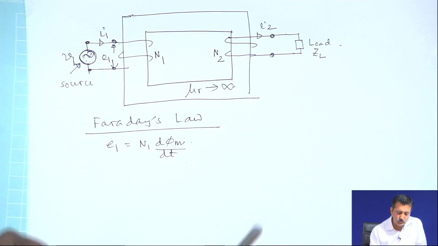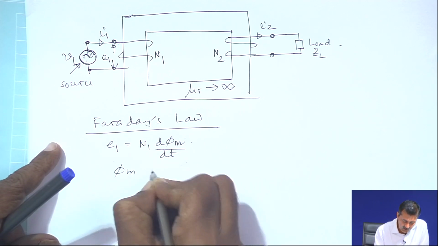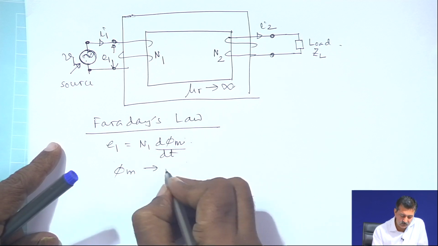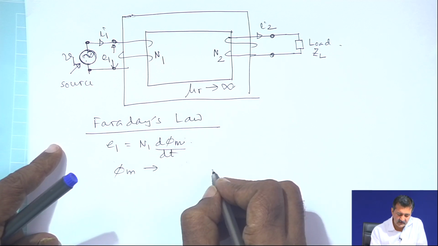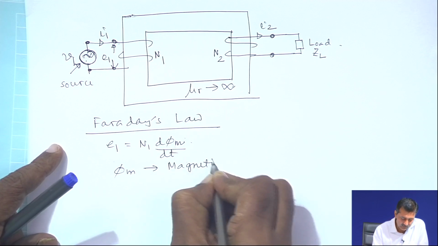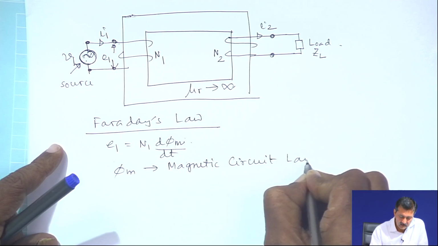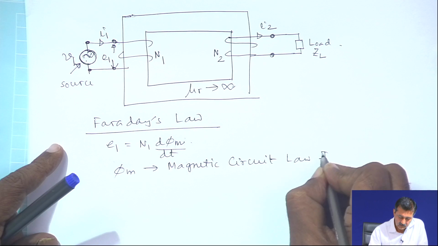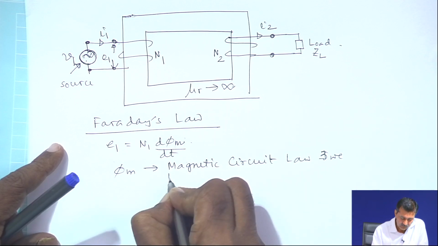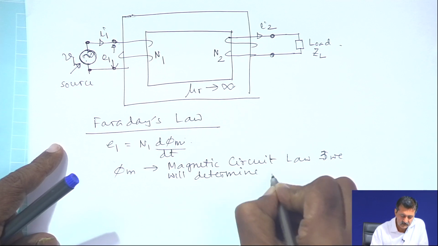So, how do I know what this phi m is? In order to find phi m, I have to use the magnetic circuit law. Using the magnetic circuit law, we will determine phi m.